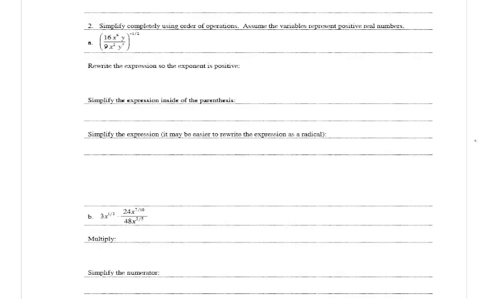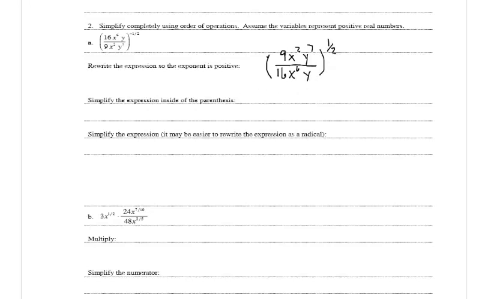So the first thing they want us to do is rewrite the expression so the exponent is positive. So in order to make the exponent positive, we're going to invert our fraction. So we have 9x squared y to the 7th divided by 16x to the 6th y, all raised to the 1/2 power.